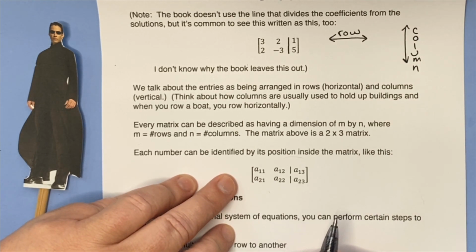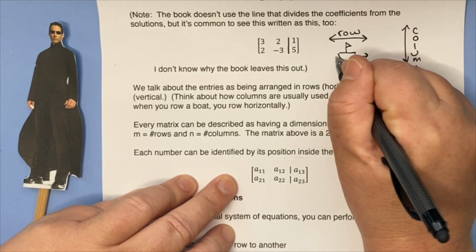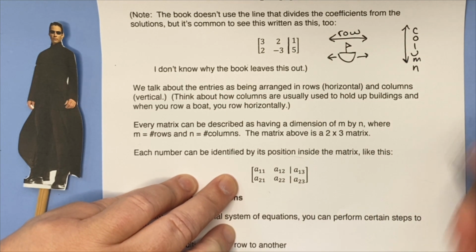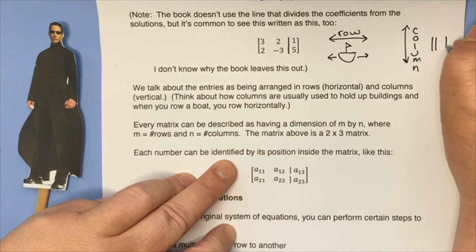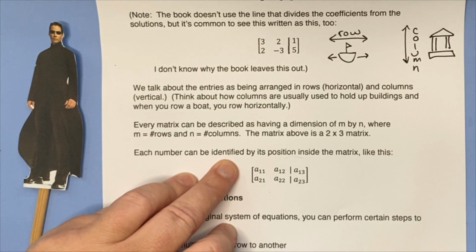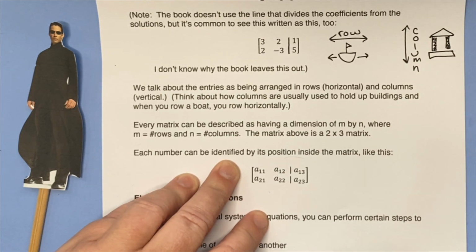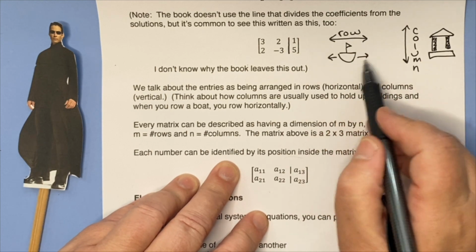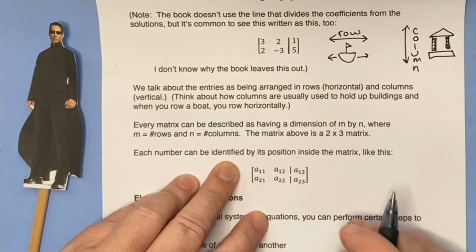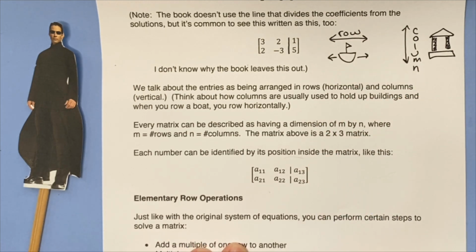The way a lot of people remember this is that when you row a boat, you go horizontally, whereas columns hold up buildings. So columns are vertical, holding up the building, and rows, again, row your boat, you're rowing this way. Hopefully you're not going over a waterfall and rowing this way. That's more exciting, I guess, but probably not ultimately great for you finishing your homework.